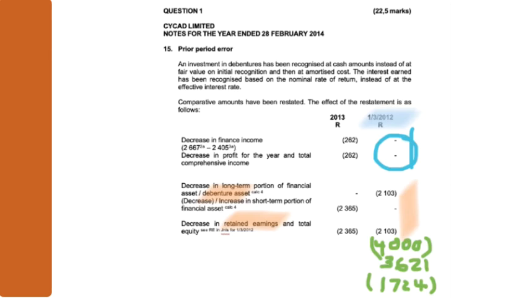And we saw that there was no difference in the current portion for 2012, which would be your opening balance of your comparative year, 1 March 2012. There was, however, a difference in the total balance and therefore a difference in the non-current financial asset.